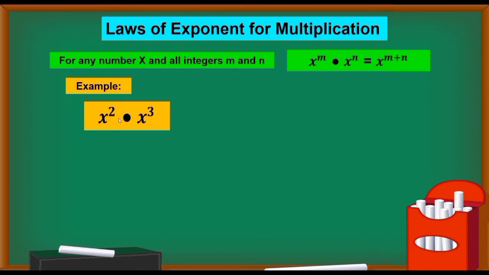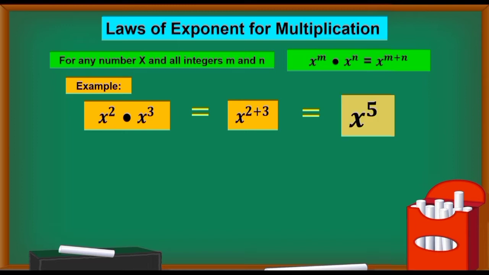So ngayon, given ang x squared times x cubed. Kung mapapansin natin, parehas po ang variable niya na x or ang ating base na x. So, ang gagawin lang po natin ay i-add lang natin ang exponent. So, we will have x raised to 2 plus 3. Tandaan, exponent po ang ina-add natin kapag parehas ang base. So, 2 plus 3 is 5. So, the answer is x raised to 5.